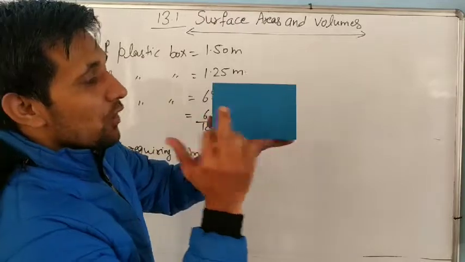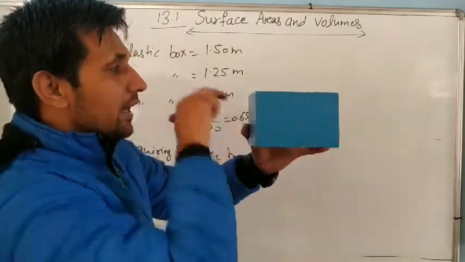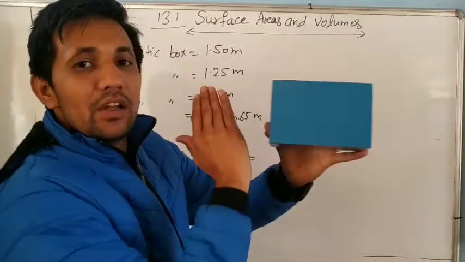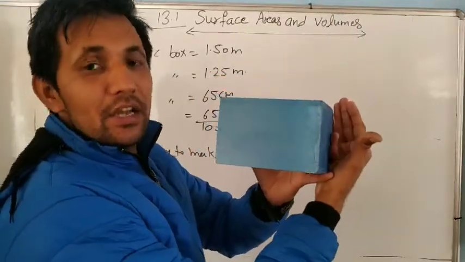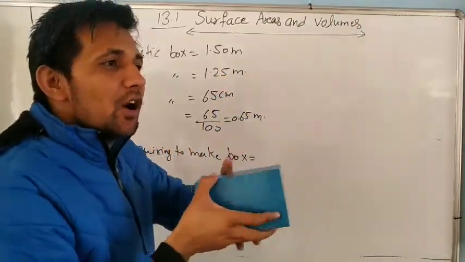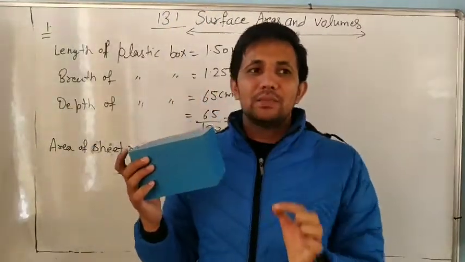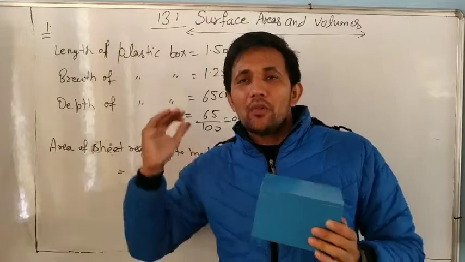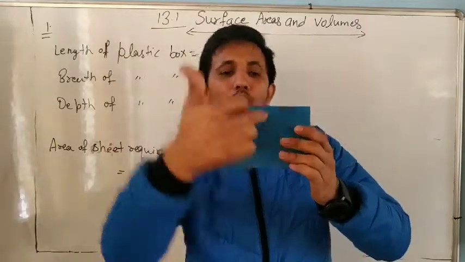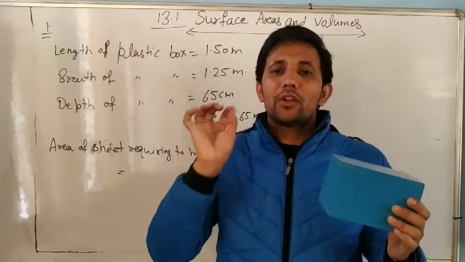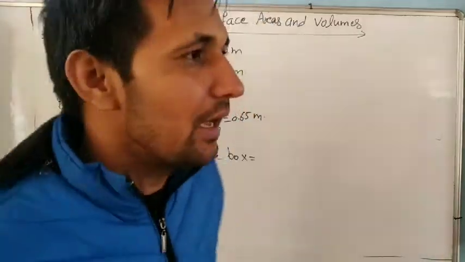So it means area of this sheet, area of 4 walls, 1, 2, 3, 4, and it is called curved surface area. Curved surface area of cuboid is the total area of the 4 walls, 1, 2, 3 and 4. Top and bottom are not included in curved surface area.